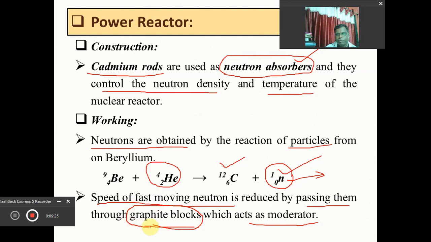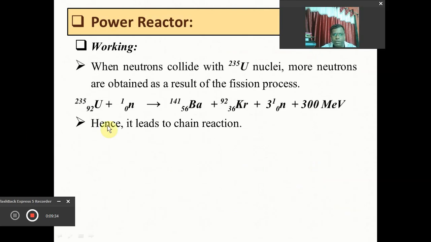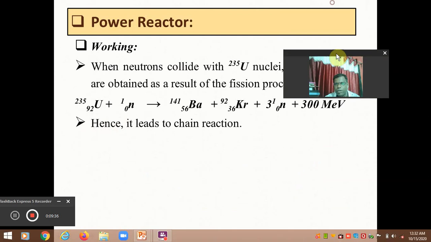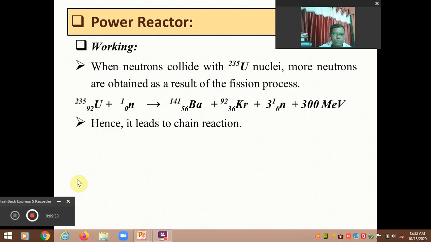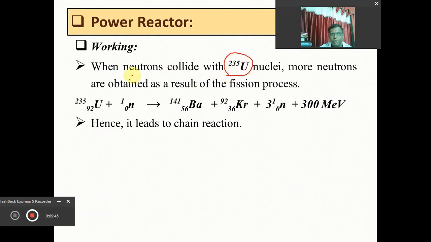So these are responsible for slowing down the fast moving neutrons obtained in the nuclear reaction. Again, when these neutrons collide with the uranium-235, this uranium-235 is the target, and these slow neutrons are the projectile.